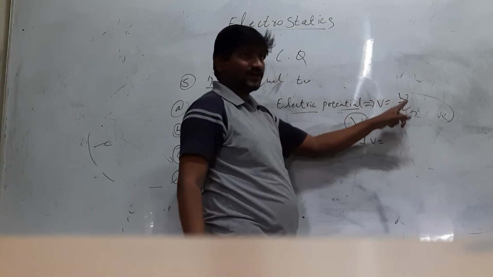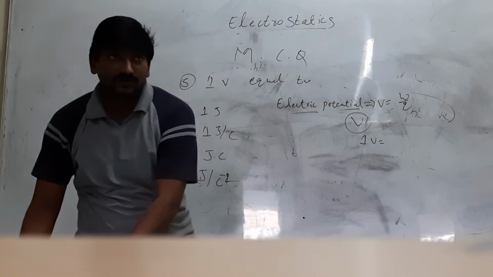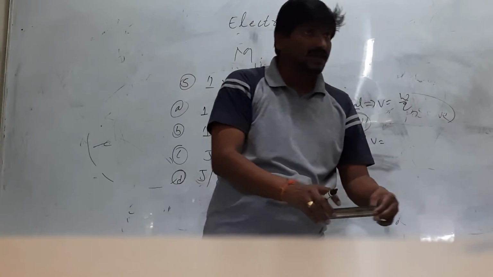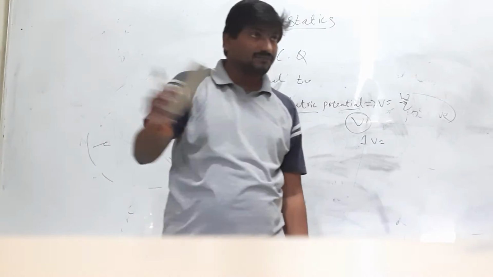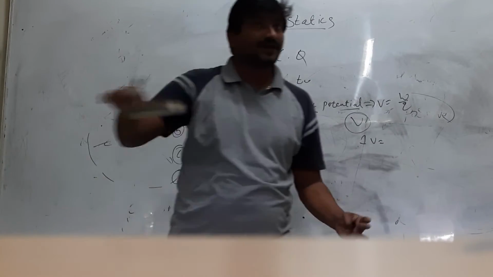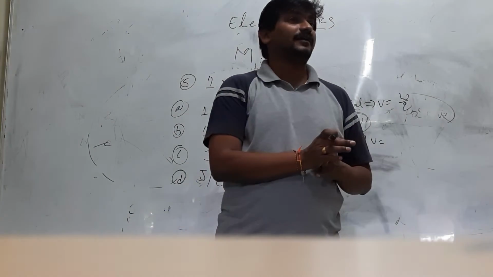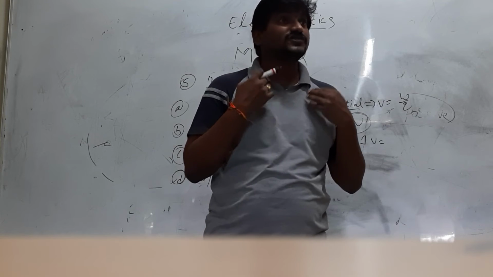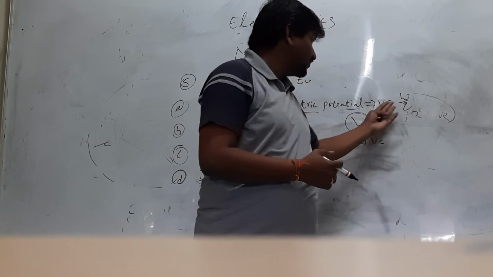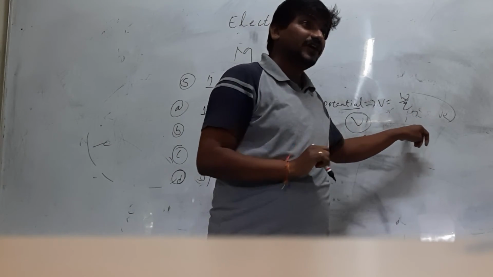We do some amount of work by bringing the charge from somewhere to here. If nobody opposes, I can easily bring it. But if there is a force opposing, I have to spend a large amount of energy, nothing but work, to bring the charge against the electrostatic force to a point.